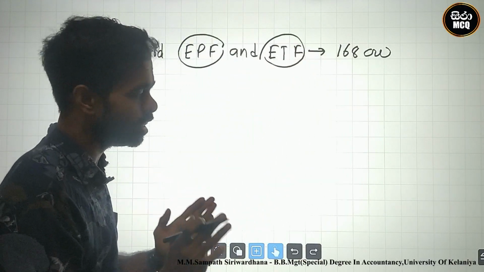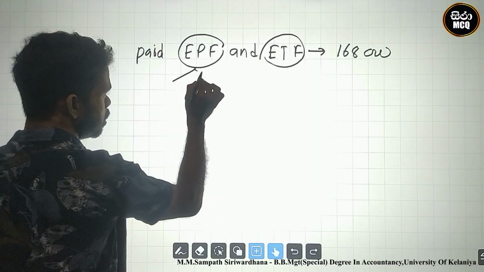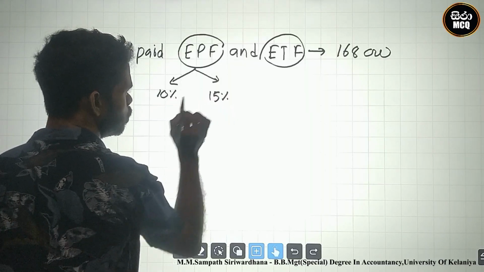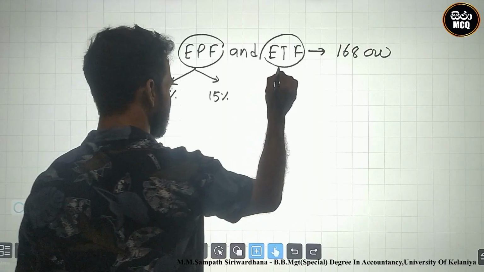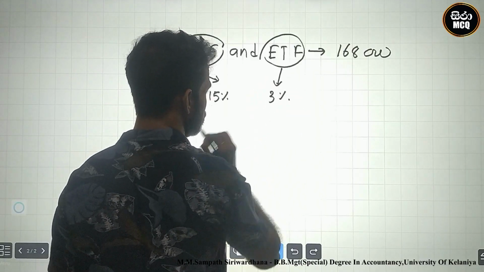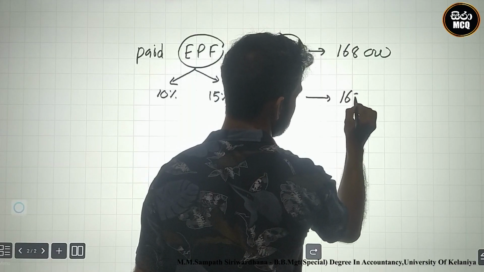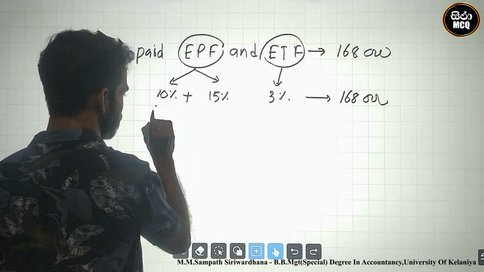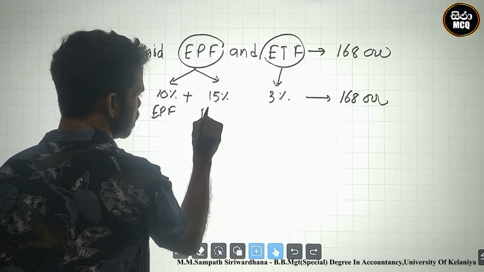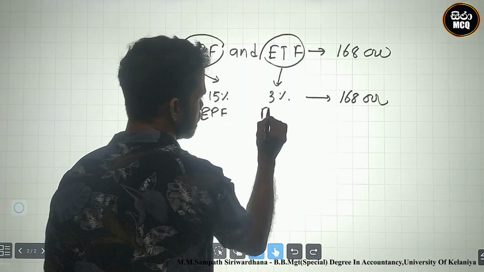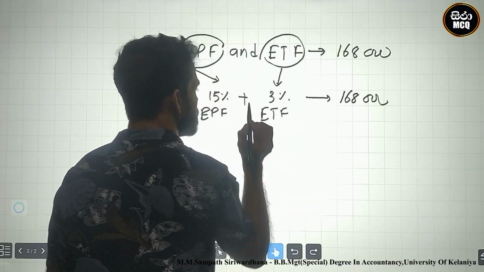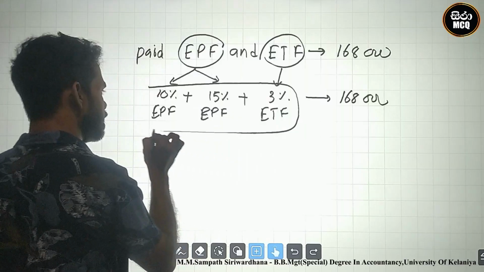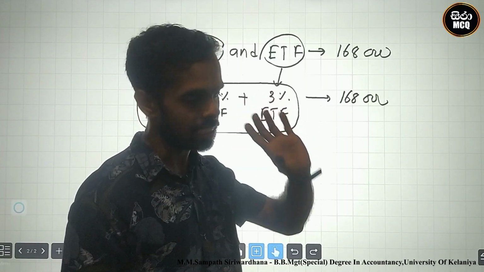You know what the percentages of that are? There are two EPFs, the 10% EPF and 15%, both of which we must pay. Okay, the ETF is 3%. The 168,000 is the paid amount for the 10%, 15% of EPF and the 3% of ETF.